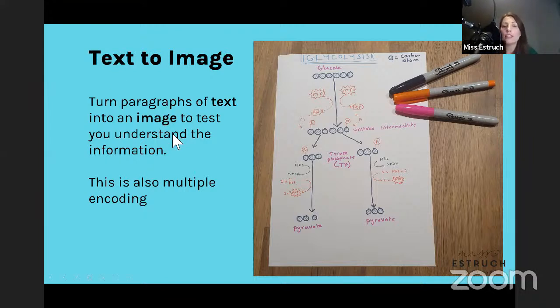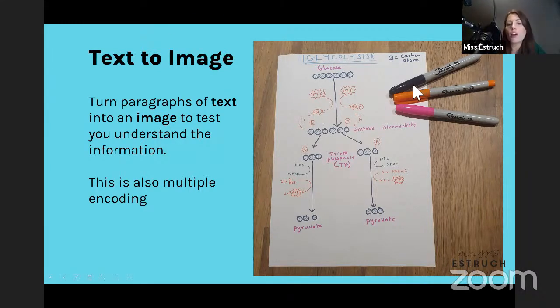So one thing that I sometimes set as homework for my students is, in advance of the lesson that they're going to be taught something, is to read the textbook, but don't make notes. Instead, I'll pick out a particular paragraph and I say, from that paragraph, turn it into a diagram. And in doing that, it's testing, did you really understand what you read? And you have to be able to understand it to convert it into a diagram.